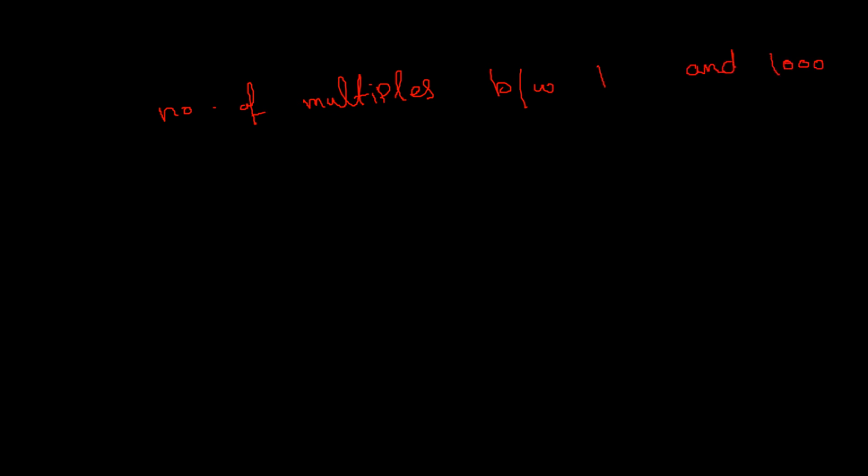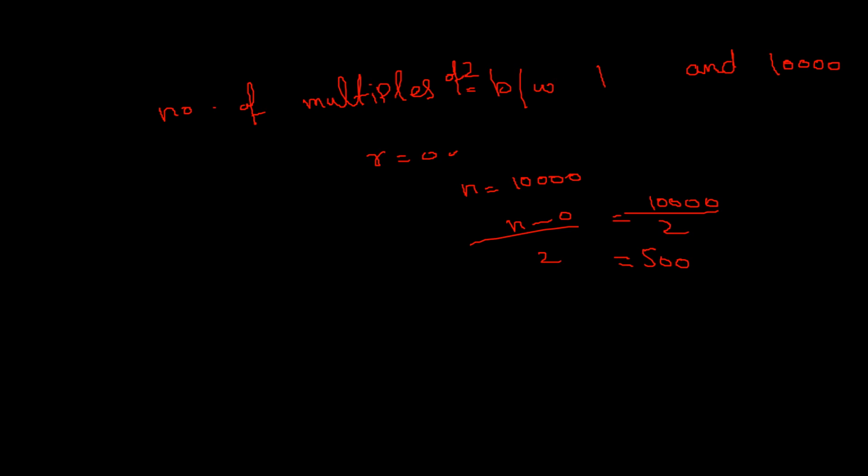We know that 10,000 is divisible by 2, so r will be 0 in this case, and n is 10,000. So the number of multiples will be (n minus 0) over 2, which is 10,000 over 2, which equals 5,000. Is it easy?